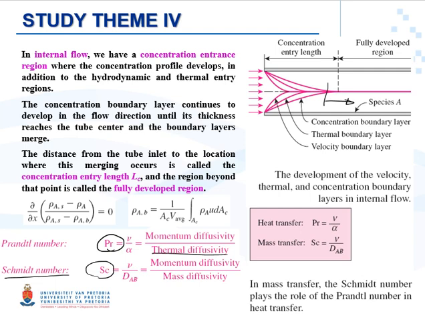We call it the Schmidt number. The Schmidt number is basically momentum diffusivity divided by mass diffusivity instead of thermal diffusivity. So it's very easy to understand. Instead of alpha, which shows the thermal diffusivity, we just replace it with D_AB, which is the diffusivity coefficient.